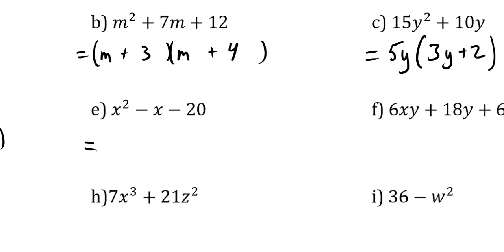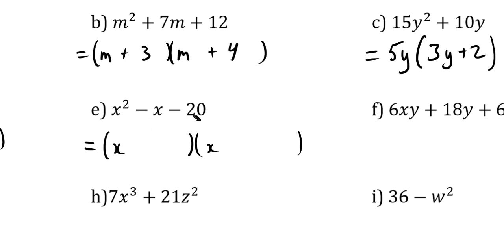For this one, there's 3 terms, and so no common factor. I can see that there's no common factor, and I can see that it's in the right form for a trinomial factoring. So I'm looking for 2 terms that add to 1 and multiply to 20.